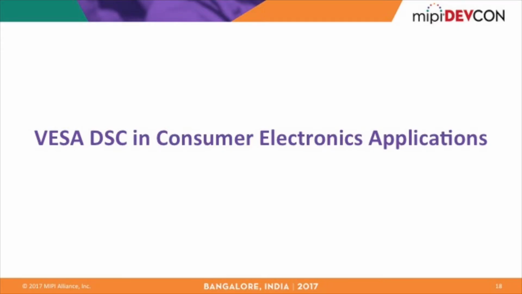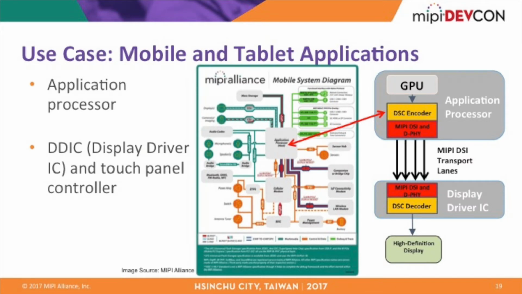In the second part of my presentation, I'd like to show you some examples of consumer electronic applications where DSC is being used today. The first one is obviously mobile, and this is the diagram from the MIPI Alliance that shows the cell phone subsystem. You have the DSC encoder, which gets added in the application processor.